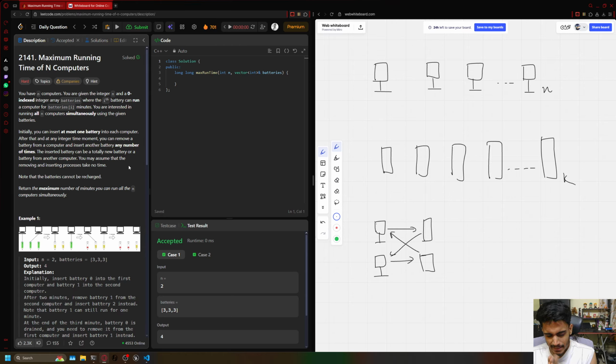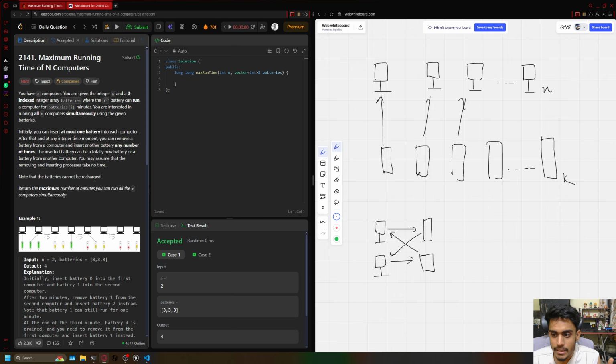So basically, for every computer we can first connect it to a battery. For every computer I can have this kind of connection. Then I can also exchange batteries.